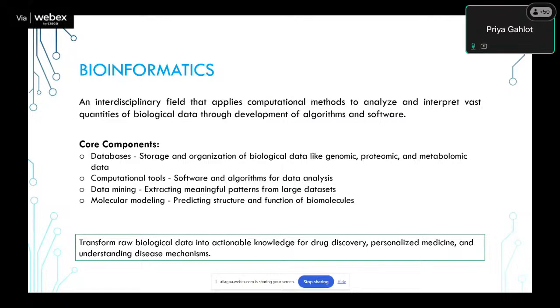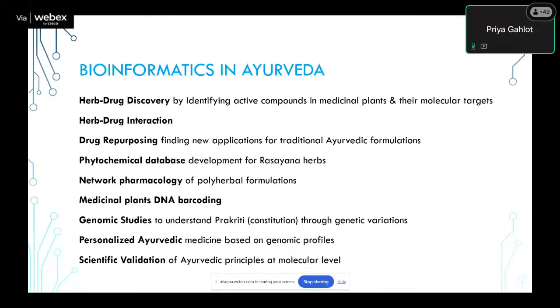Using those models or structures, we can further perform other studies as per our interest. So it transforms raw biological data into actionable knowledge for drug discovery, for personalized medicine, and to understand the mechanisms of a certain disease.